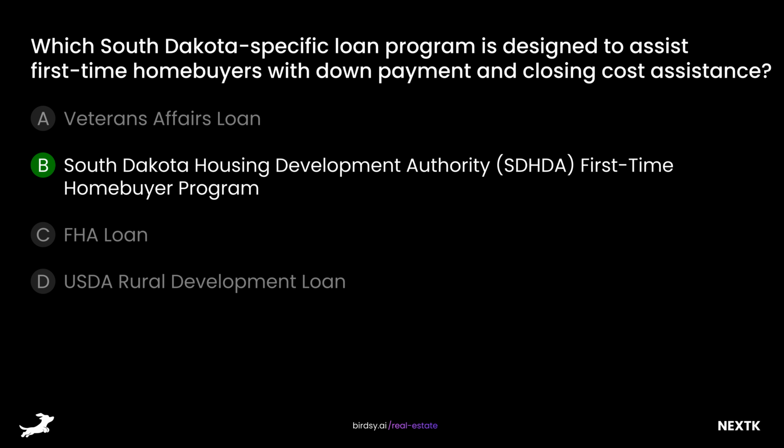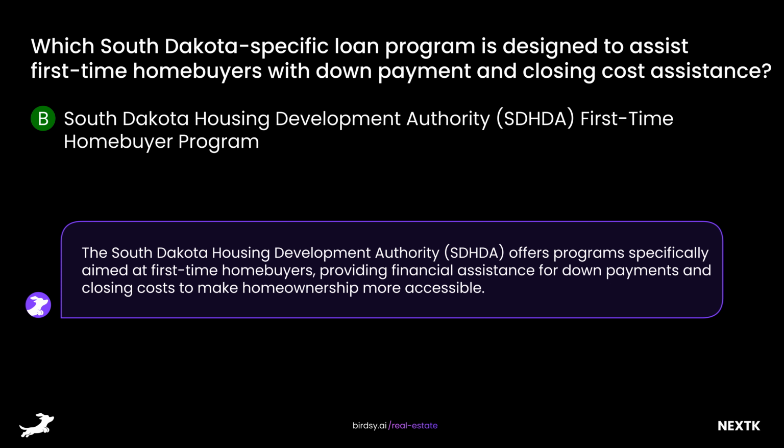The answer is B, South Dakota Housing Development Authority First-Time Homebuyer Program. The South Dakota Housing Development Authority offers programs specifically aimed at first-time homebuyers, providing financial assistance for down payments and closing costs to make homeownership more accessible.